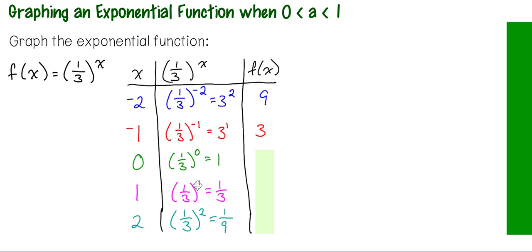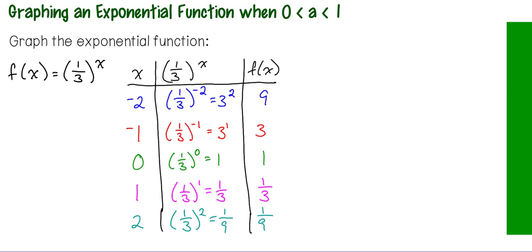Use our numbers 0, 1, and 2. We know anything to the 0 power is 1. Anything to the first power is itself. And then if it's a positive 2 and it's not a negative, that means we just square that whole 1/3 times 1/3, and that's the values we get.